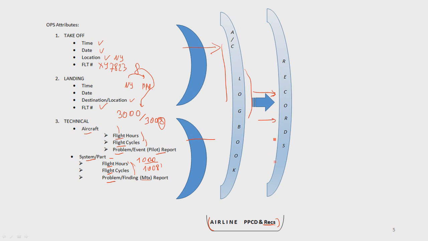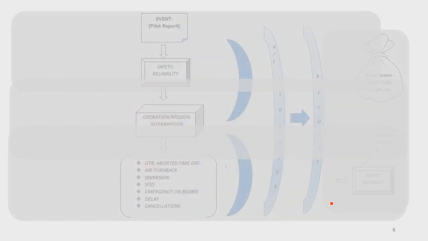Make sense? Let me go a little bit forward. What do the records do? As we said, when the battery approaches 1,200 flight hours, PPCD, the planning department, sends it to maintenance to change the battery. That's how it works. Now let's go to our occurrence or event.